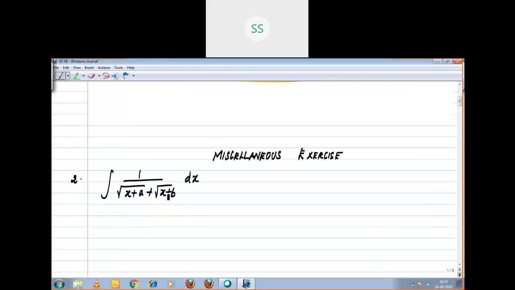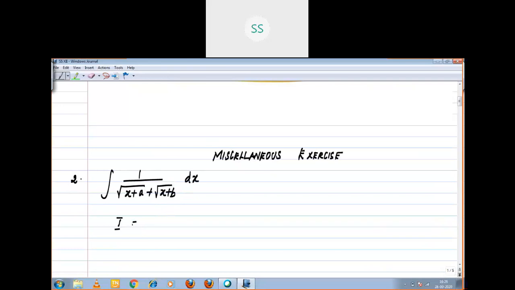For that purpose, I am going to multiply the numerator and denominator by the conjugate. Multiply both numerator and denominator by the conjugate.